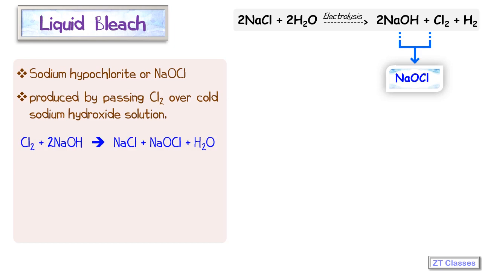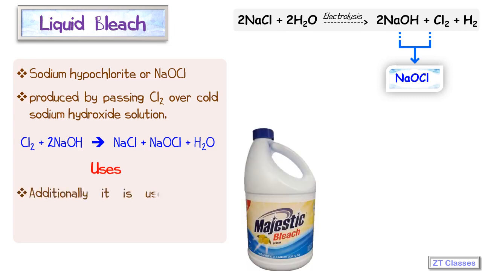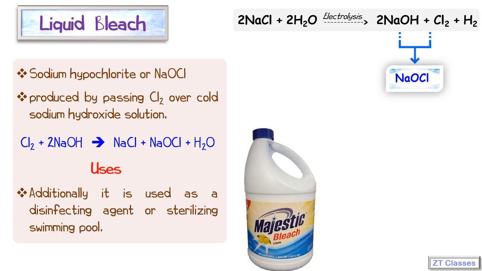This is liquid in form, so it's called only bleach or liquid bleach, both are used, and the usage will be the same, that is as a disinfectant and as a bleach, right? So these two usages which go with chlorine will also go with liquid bleach and bleaching powder.